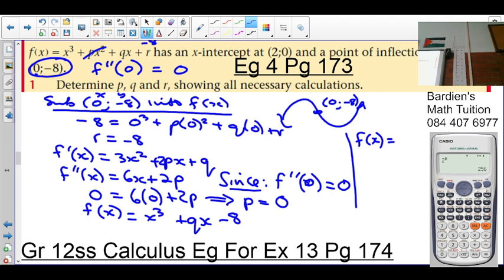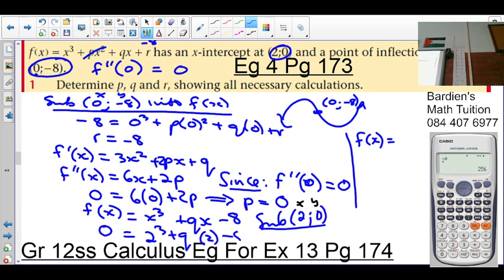So what we still need to solve here is q. Do we have another point on this graph? Yes, we have 2 and 0. So at this point we're going to substitute 2 and 0 into f of x. Now remembering again, this is an x and a y. So 0 is equal to 2 cubed plus q times 2 minus 8.